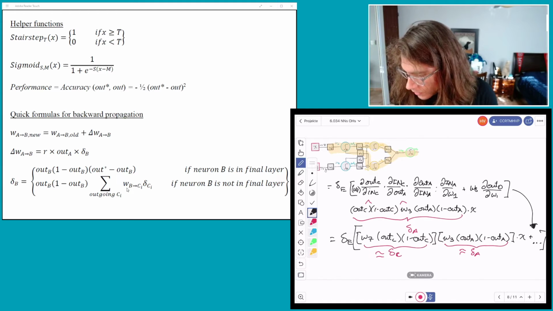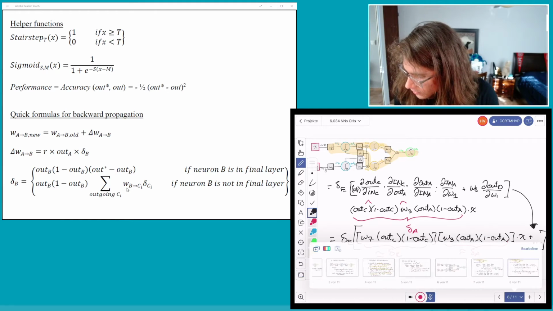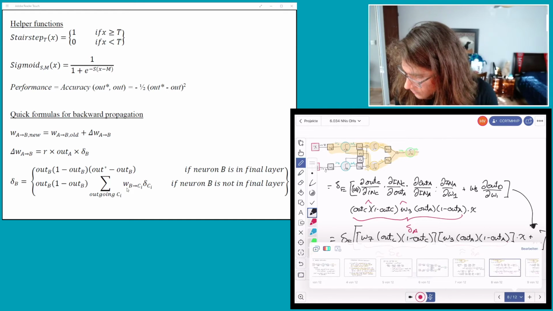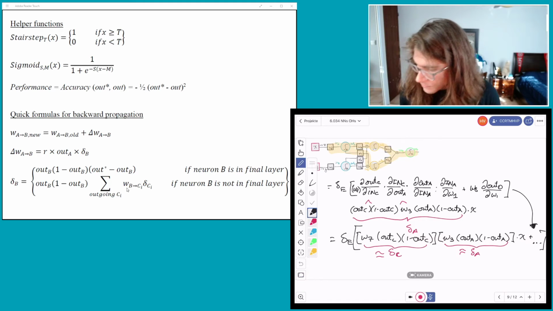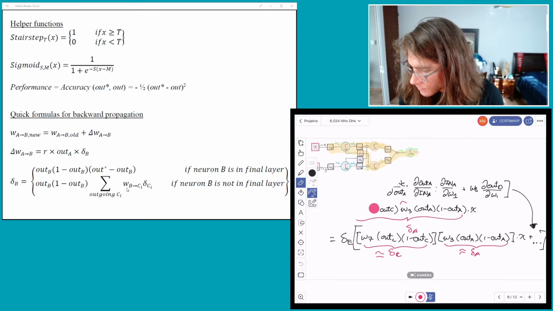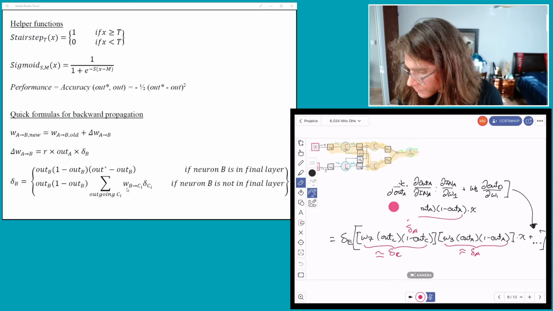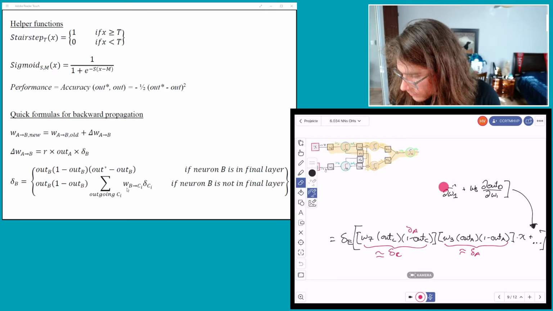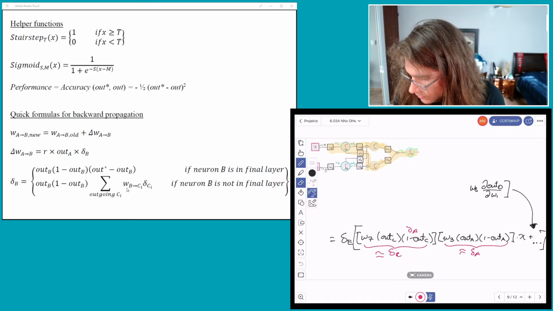Let me rewrite this on the following page by copying this one. It is going to be equal to delta E.